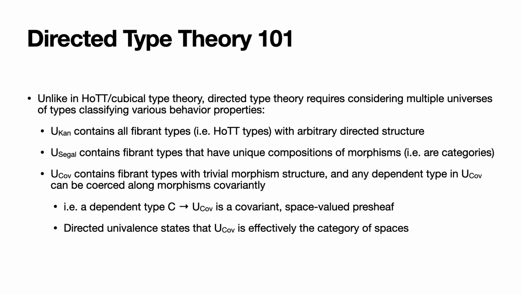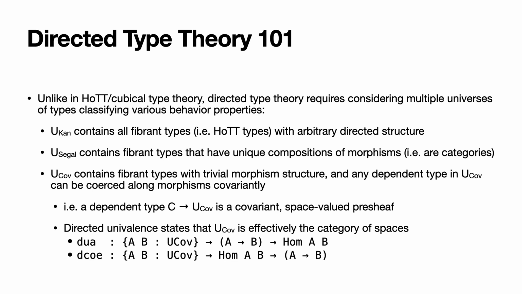And also, just thinking about what all this means, directed univalence is stated for U-cov, and basically says that the covariant universe is the category of spaces where morphisms are continuous functions. And as a part of it, we have the DUA function that turns a function into a morphism, and the directed coercion function, DCoe, that turns a morphism into a function.